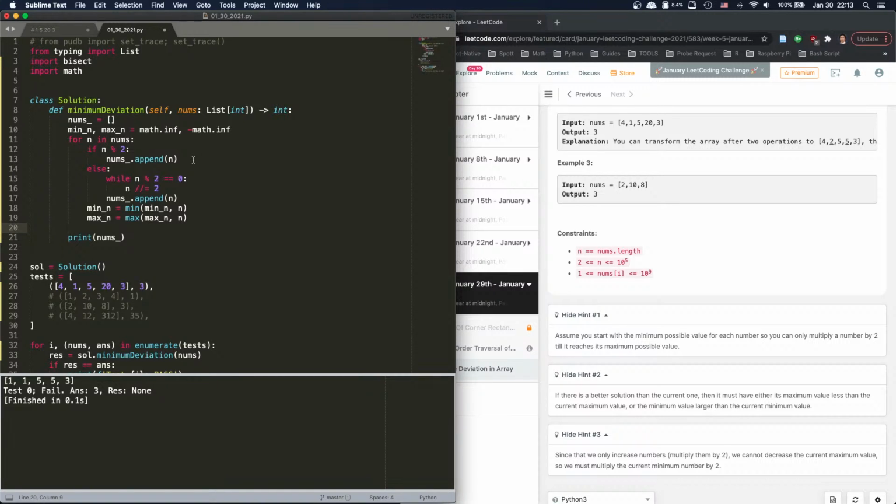Okay, I have the mean and max of the current mean and max. And then if the current mean times 2 is smaller, then we try to see if we can improve it. And as we are improving it, we're also looking for a new mean value and new max value.